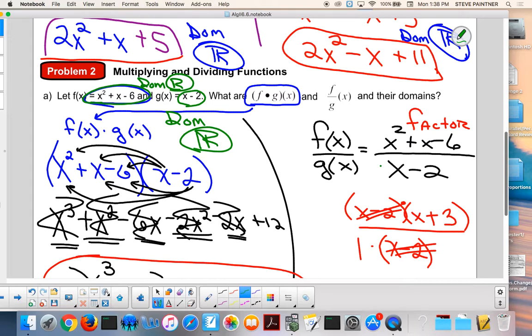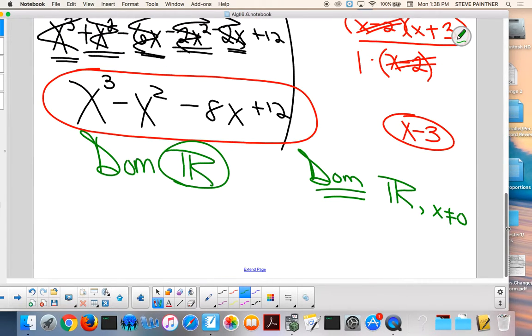Now Isaac, he kind of knew 0 wasn't supposed to be down here, so he just said don't let it be 0. No. Don't let x be 2, and that's the answer. So Isaac, you were close. Just don't let it be what? Don't let it be 2. Anything works except 2.